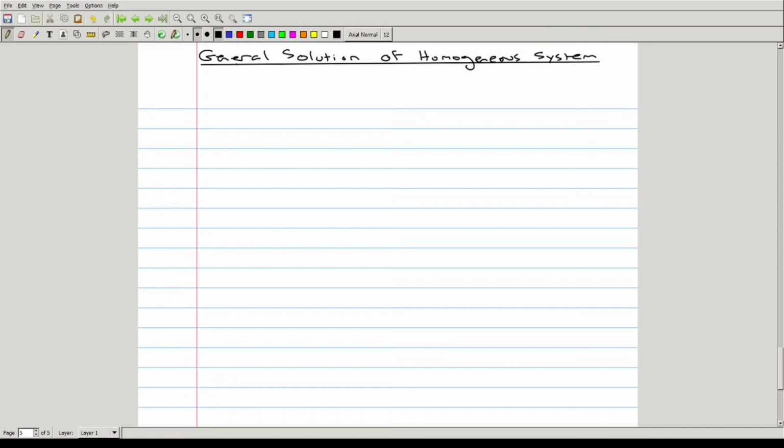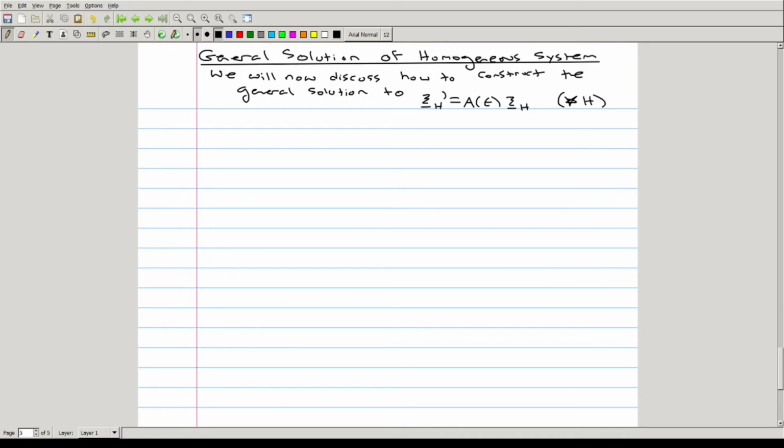So in this part of the lecture, we will now discuss how to construct the general solution to the differential equation xi h prime is equal to A of t times xi h, which in the notes below I'm going to denote as star h for the homogeneous part of star.